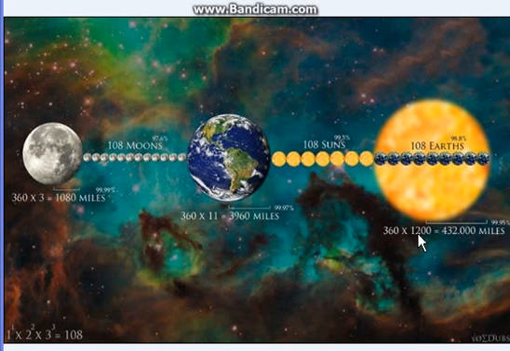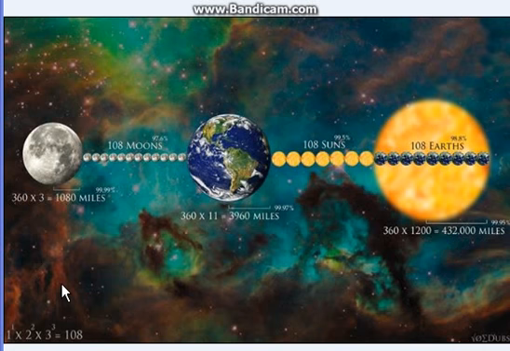Okay, because we have 12 signs of the zodiac, we have 12 tribes of Israel, we have 12 apostles etc. So maybe this 1200 number is speaking about the number 12. Okay, so the next important number is of course 432. Okay, I will speak about that later.